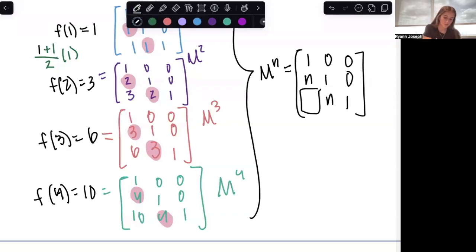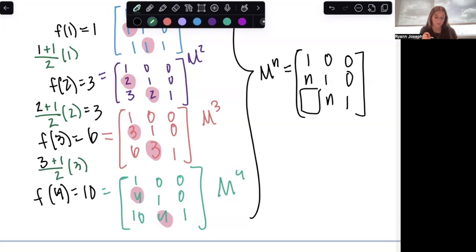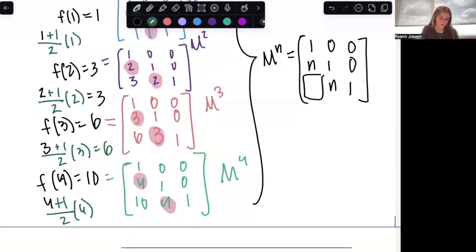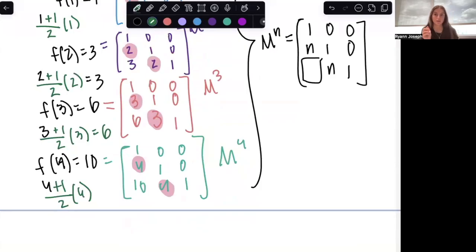Here, I can take 2 plus 1 divided by 2 times 2. 2 plus 1 is 3, divided by 2 is 3 over 2, times 2 is 3. 3 plus 1 over 2 times 3: 3 plus 1 is 4, divided by 2 is 2, times 3 is 6. And then 4 plus 1 over 2 times 4: 4 plus 1 is 5, divided by 2 is 5 over 2, times 4 is 10.